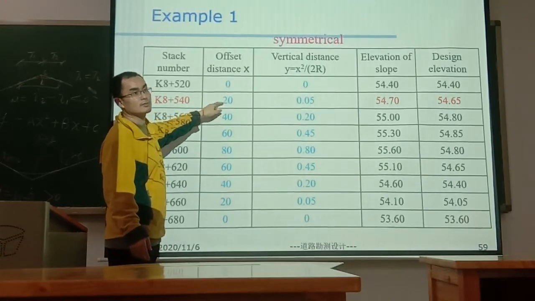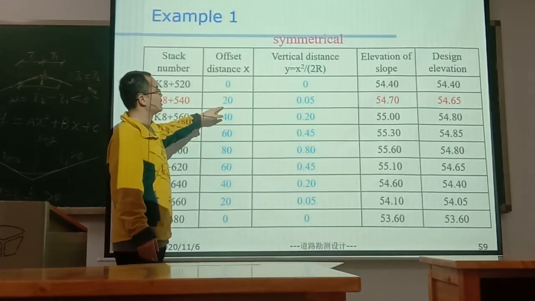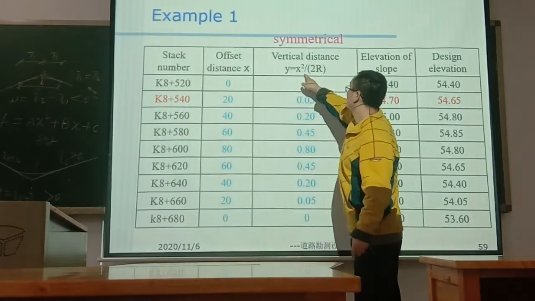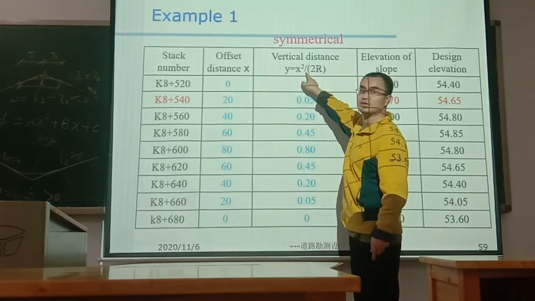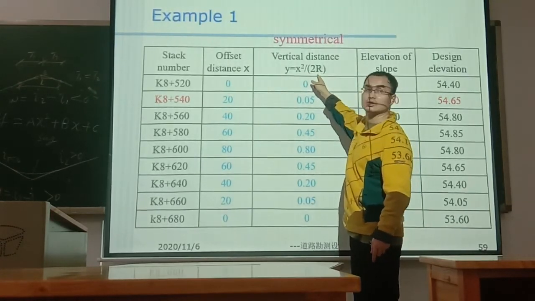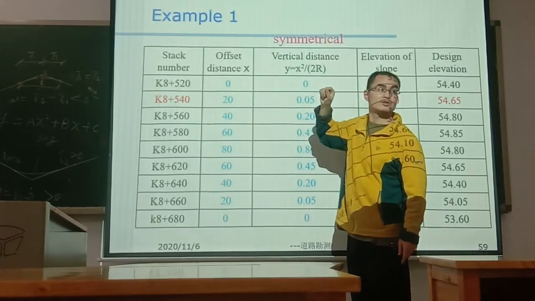The vertical distance is calculated by this formula. R is equal to 4,000.